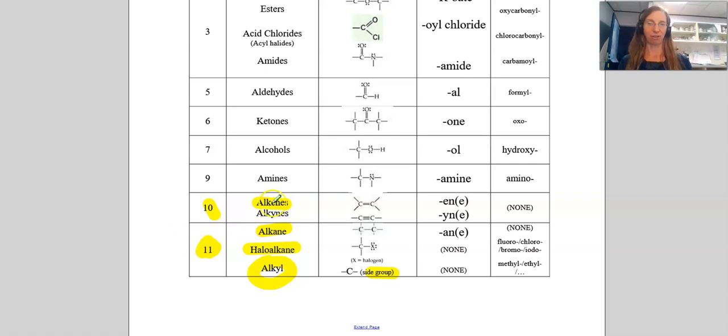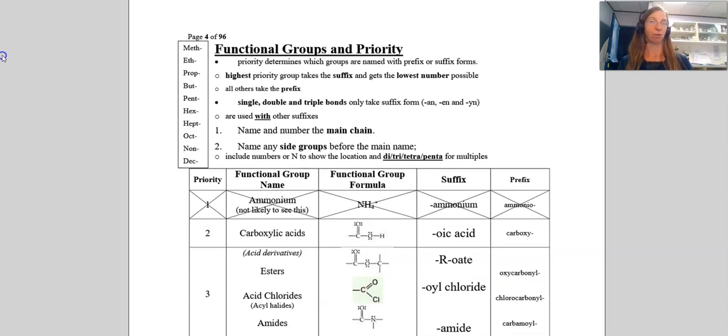And although alkenes are slightly higher priority than alkanes, I'll show you what that means. So this will be a good reference throughout the whole year. Also, you'll be trying to remember these. Keep these in mind. These tell you how many carbons. Meth is 1, eth is 2, prop is 3, etc.